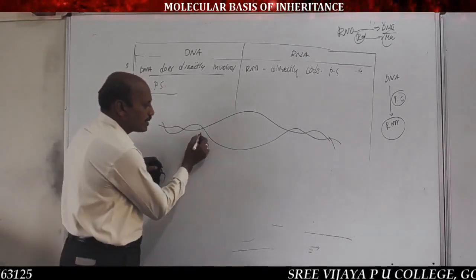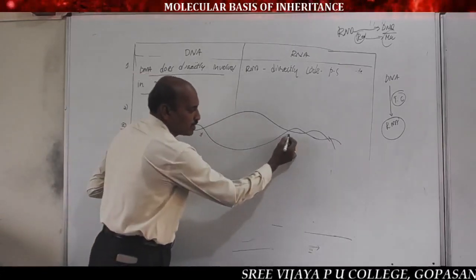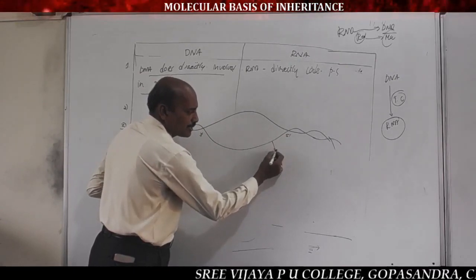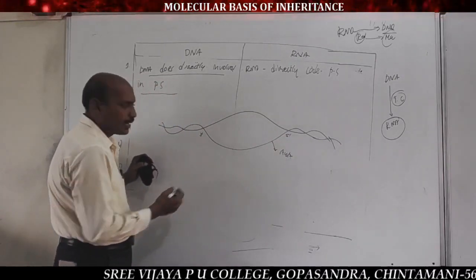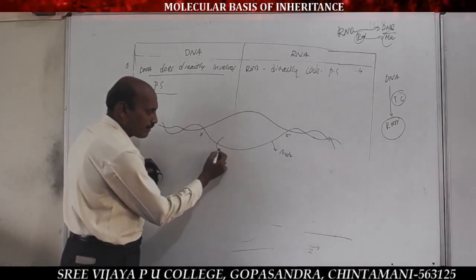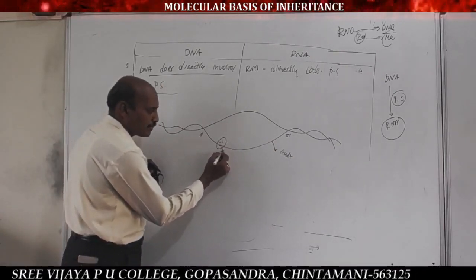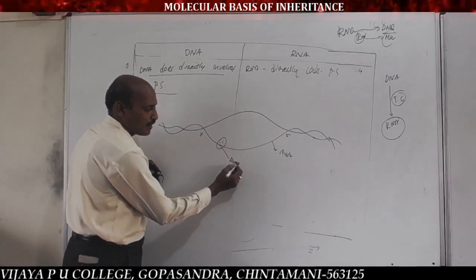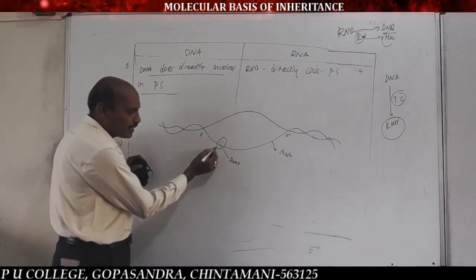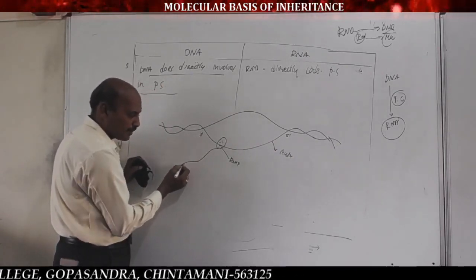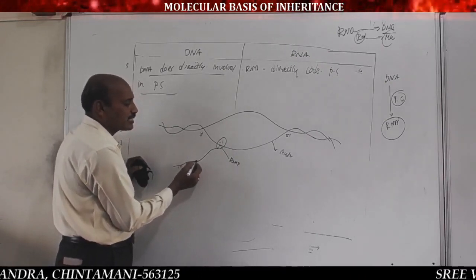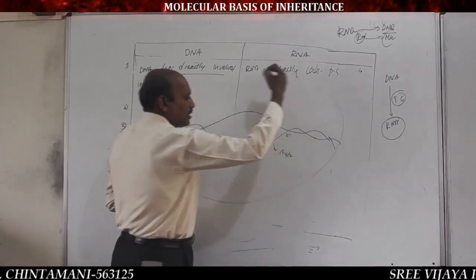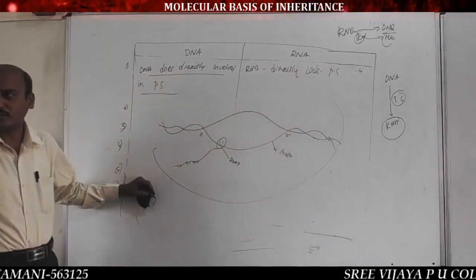From this replication fork, the 3' to 5' directed strand is called the antisense strand. On the antisense strand, this is the RNA polymerase enzyme, RNAP. From this RNA polymerase enzyme starts the synthesis of mRNA within the nucleus.